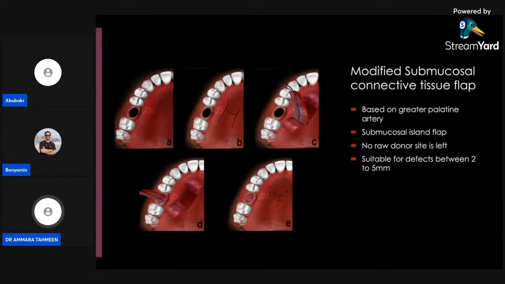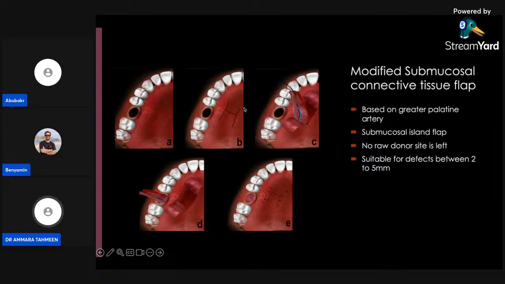So coming to another type of submucosal flap, basically it is like an island flap. It is called the modified submucosal connective tissue flap. So basically what happens in this flap is, as you can see the defect here, from the defect palatally, one vertical incision is given.